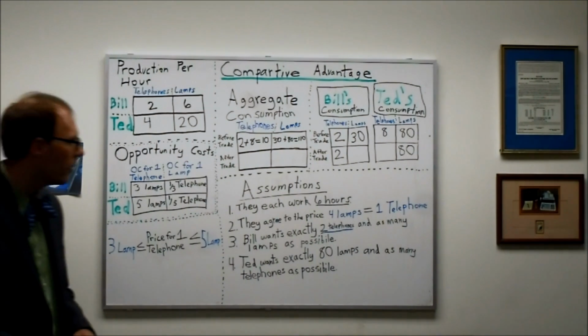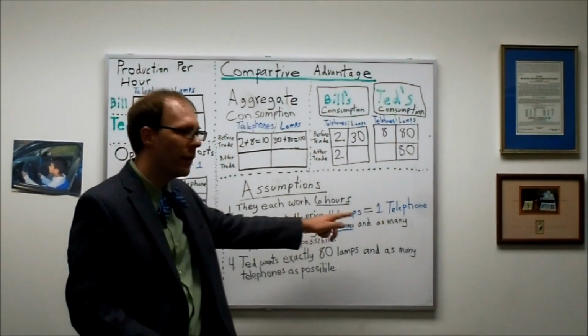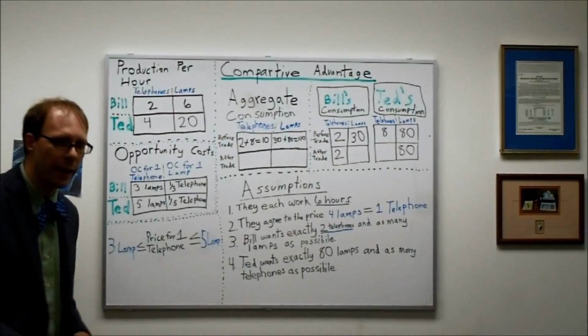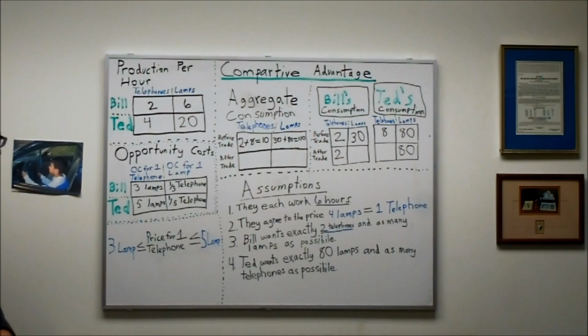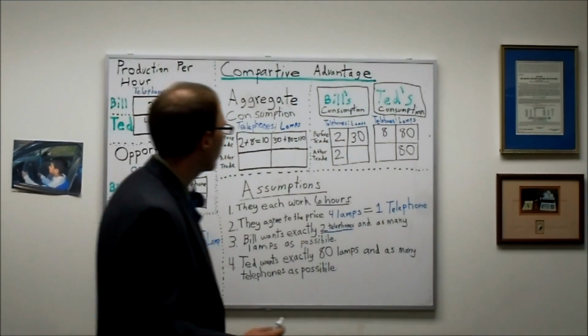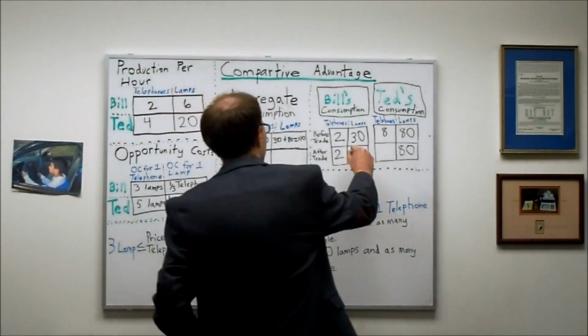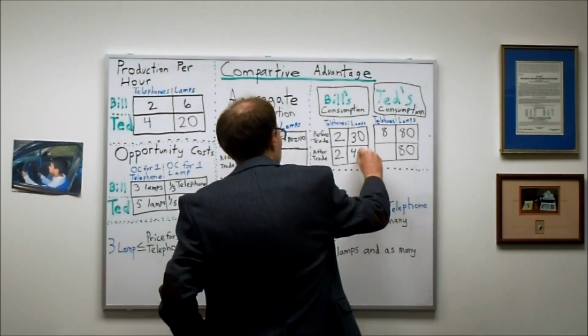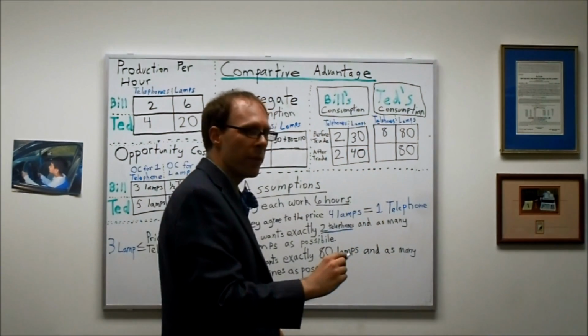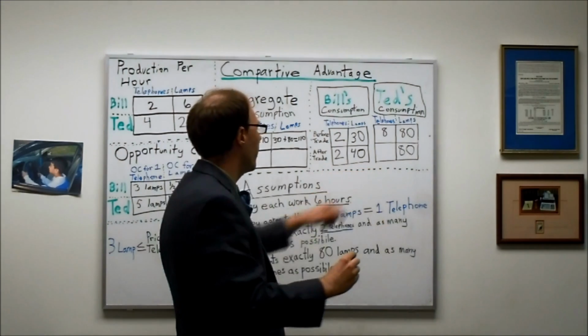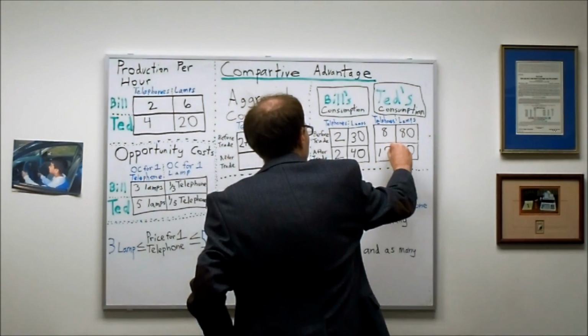And at the price of 4 lamps for 1 telephone, they trade all of their extra production. That means that Ted gives Bill 40 lamps, and Bill will give Ted 10 telephones.